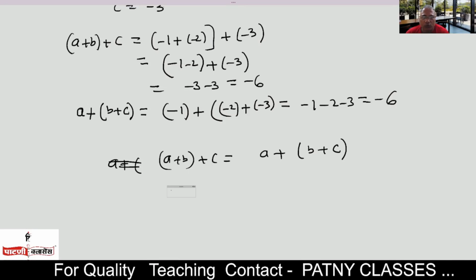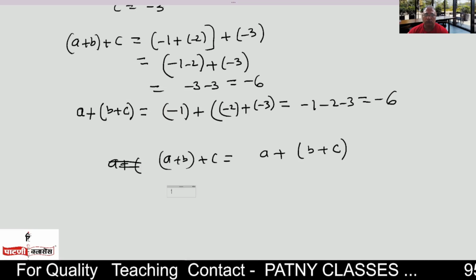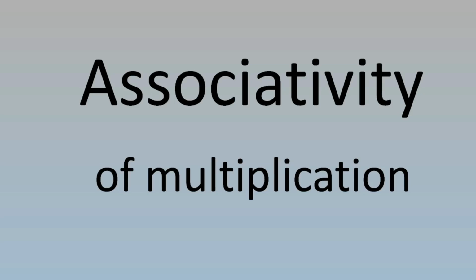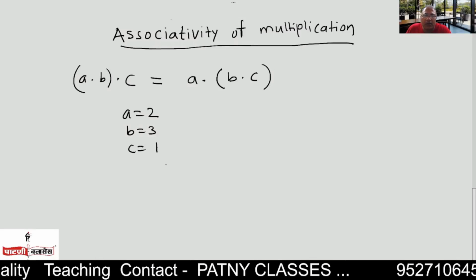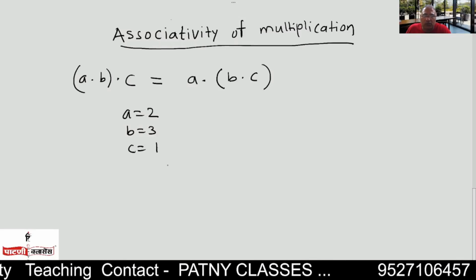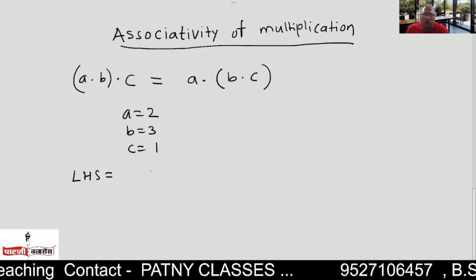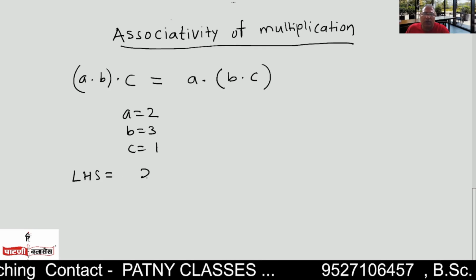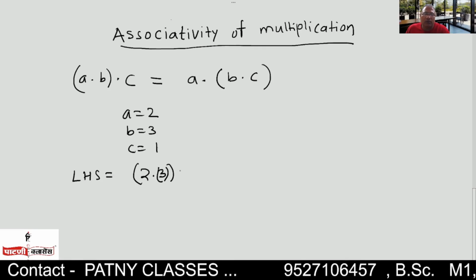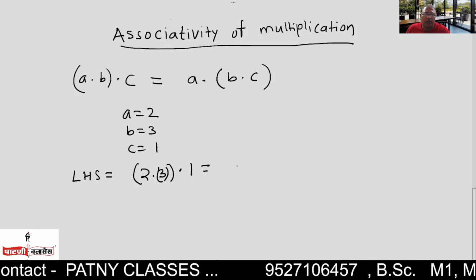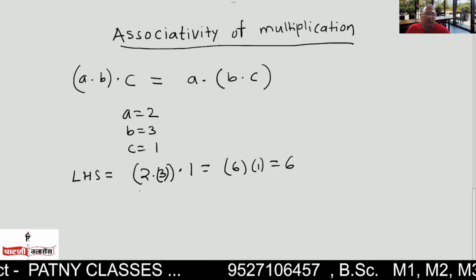Now let us prove the associativity law for multiplication. Now select a equals 2, b equals 3 and c equals 1. LHS equals (a dot b) dot c, that is 2 multiplied by 3, multiplied by c, that is 1, equals 6 multiplied by 1 equals 6.